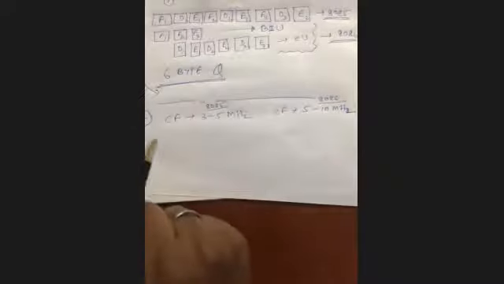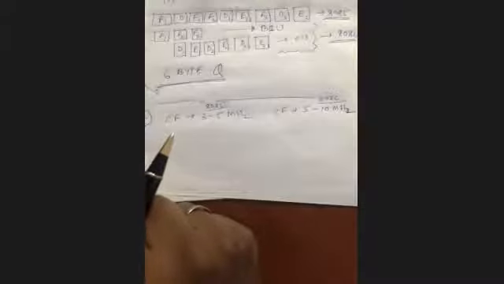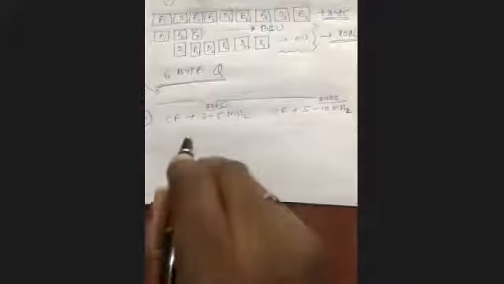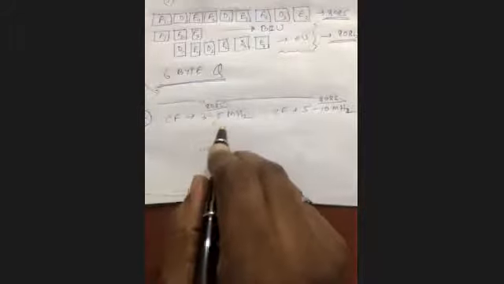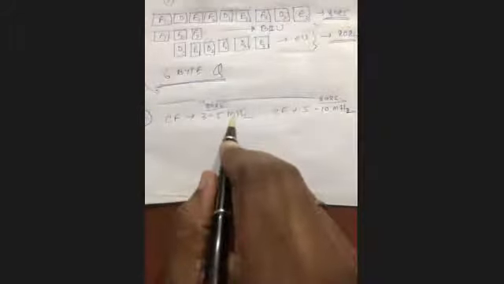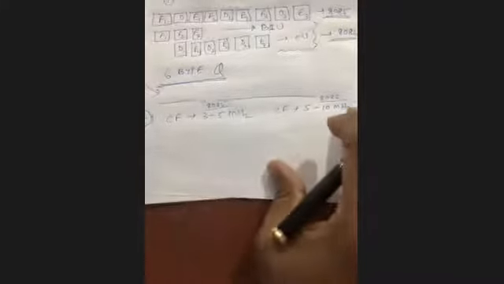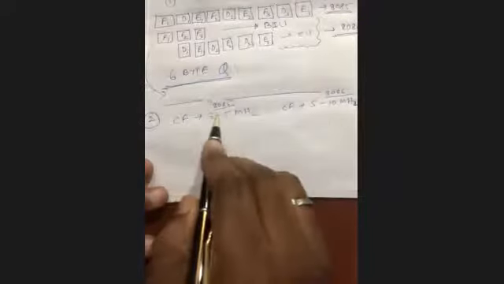Is it clear? Yes, sir. So in 8086, it is 5 to 10 megahertz, and in 8085, it's 3 to 5 megahertz. If the clock frequency is higher, that means it's faster with respect to 8085.